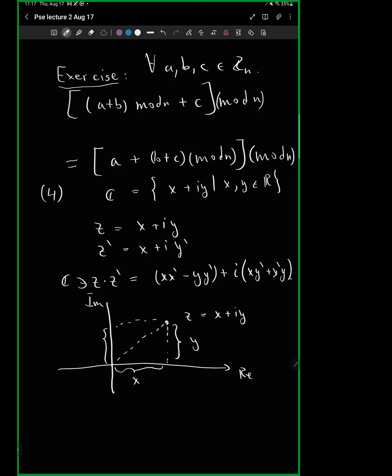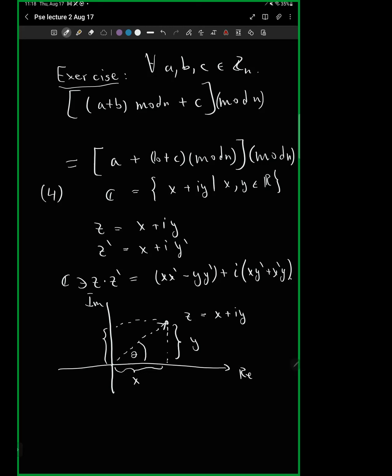You can draw a vector that goes from the origin to the point z, and this vector will create an angle with the positive part of the real axis, or of the x-axis, if you want.